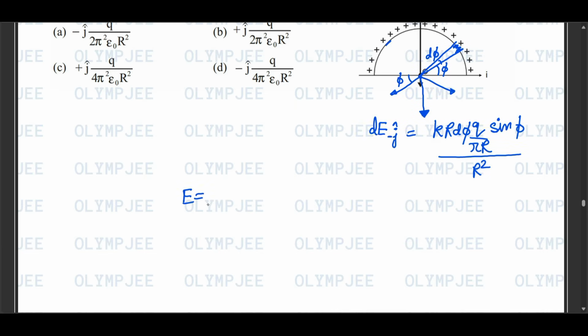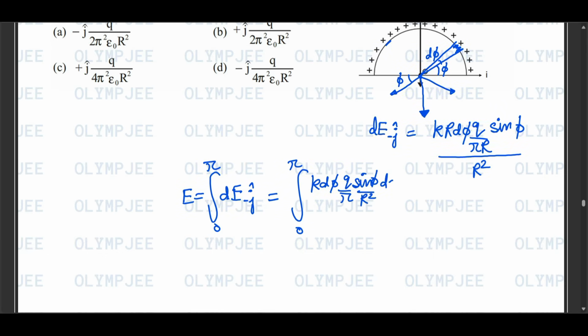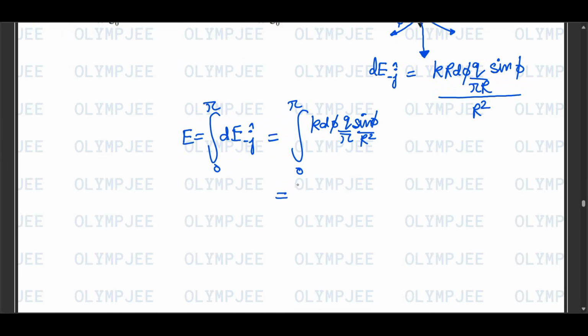So E will be the summation of these dE in minus j direction from 0 to pi. So it will be equal to, so taking out the common terms we have, and the integration of this is minus cos.